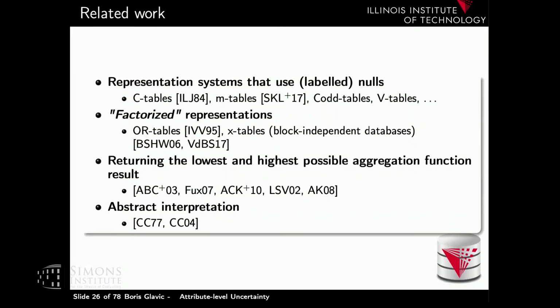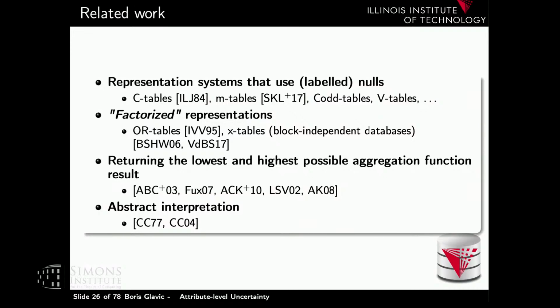So there's existing work on that, of course, right? We're not starting from nothing, right? For example, I would say this is related to some degree to representation systems that use labeled nulls. For example, C tables, M tables, and others. Also, this is related to, let me call them, factorized representations like block-independent databases and so on.